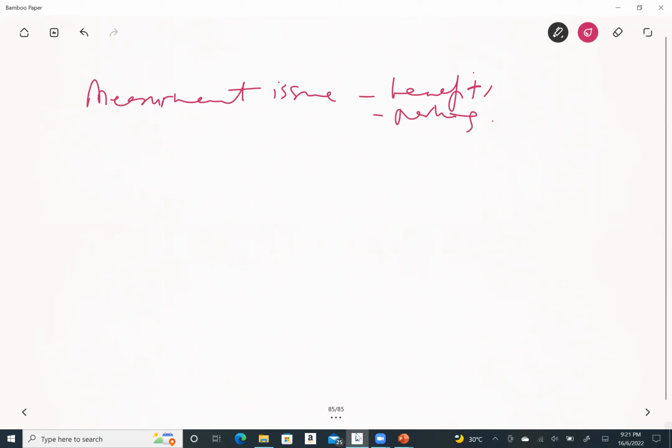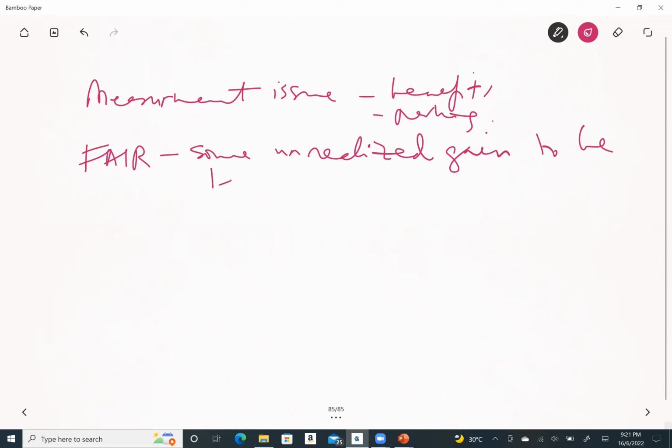Number two is fairness. Sometimes, is it fair for some unrealized gain to be taxed? For example, an unrealized increase in house value, and it's a lot of money, for example, 100,000 RM.